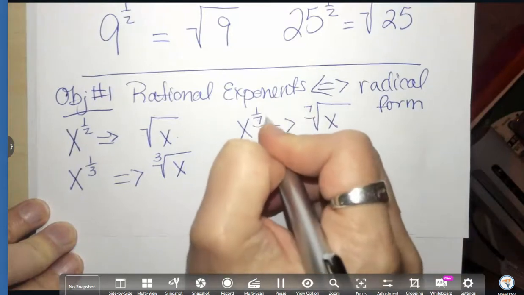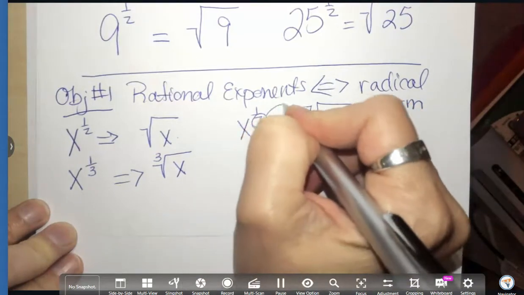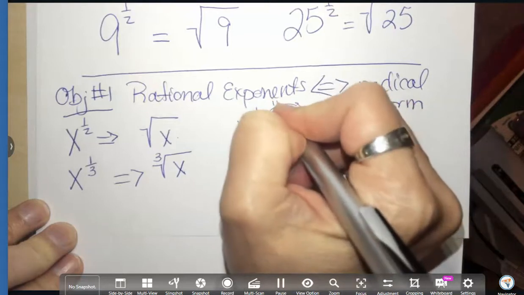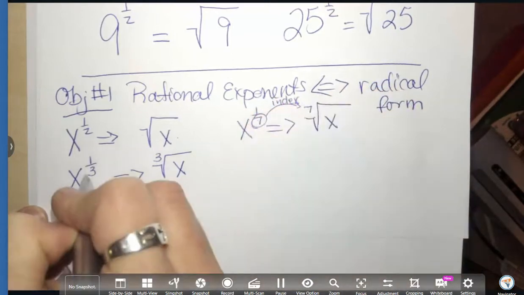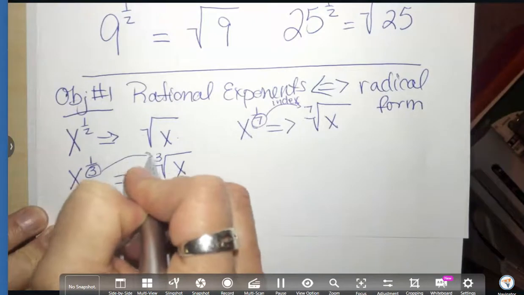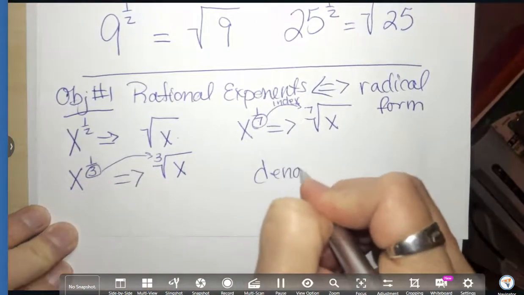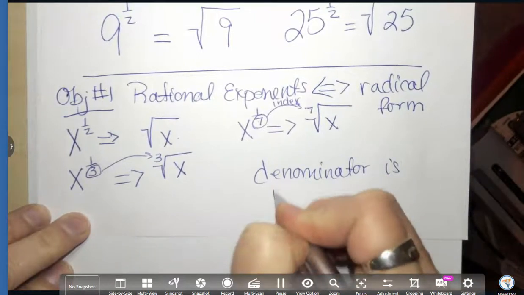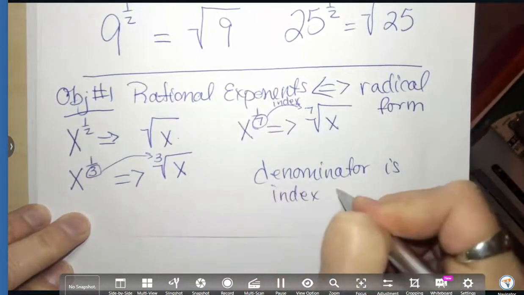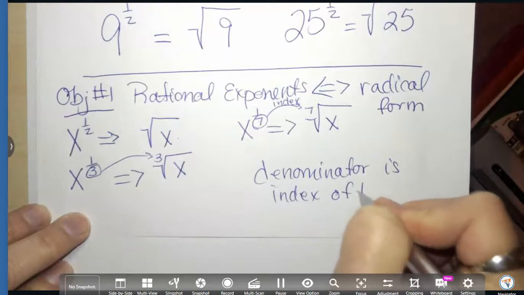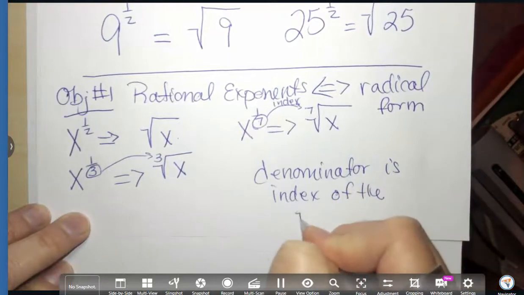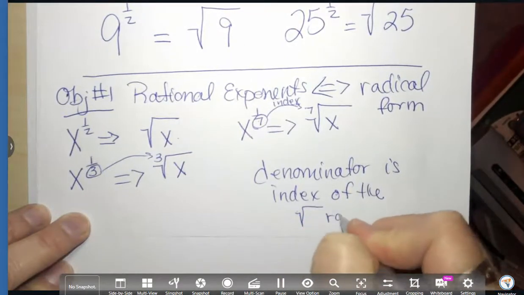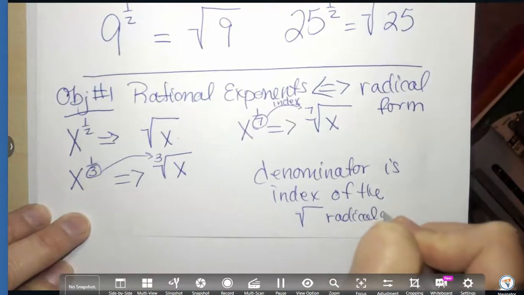So this denominator is the index on our root. So the denominator is the index of the radical, or root.